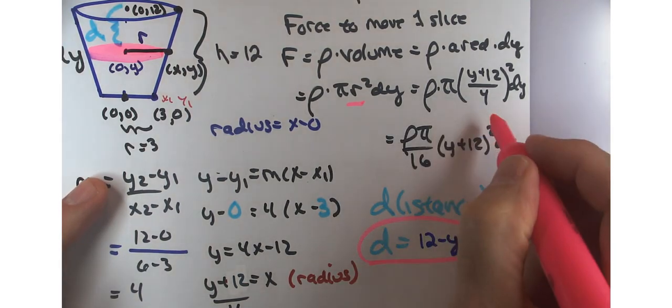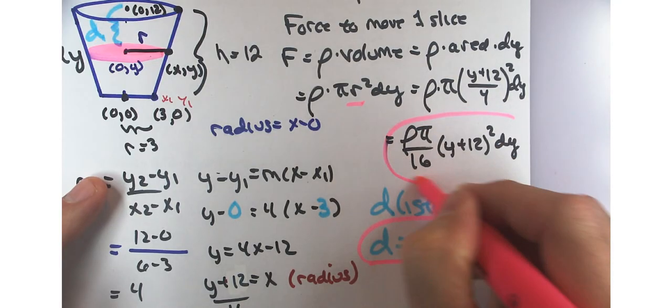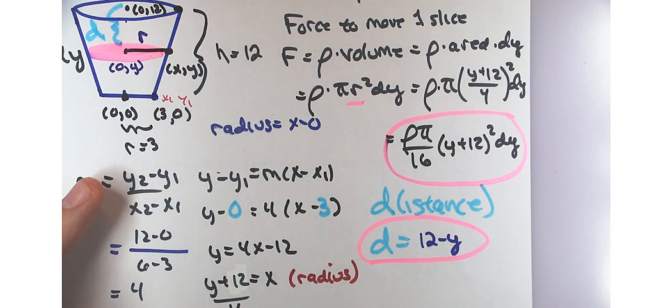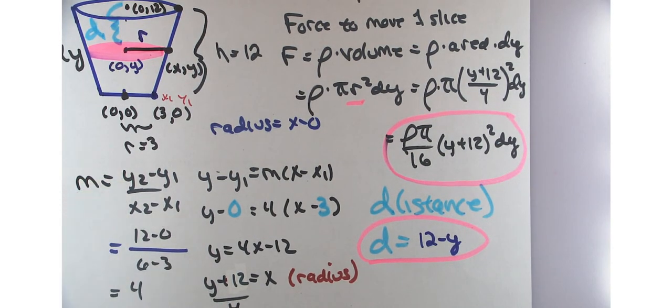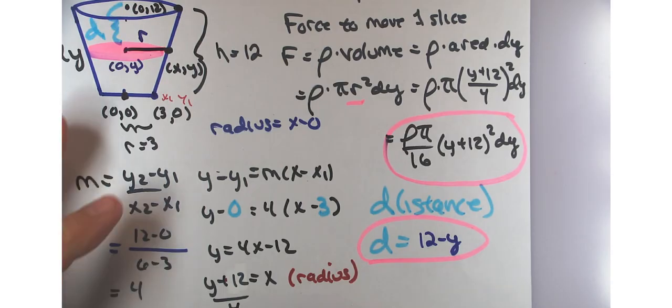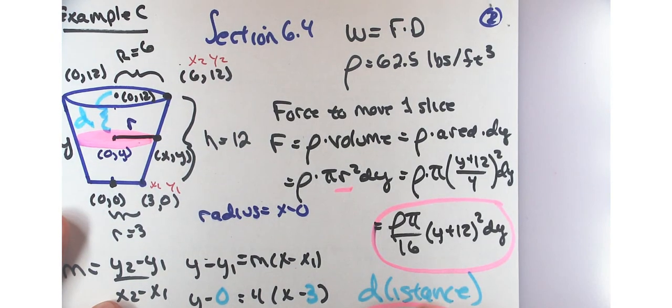and we've got the force right here. Let's put those things together and try and figure out how much work would be done pumping out all the water from this tank. So work is going to be force times distance, so it's going to be this times this.